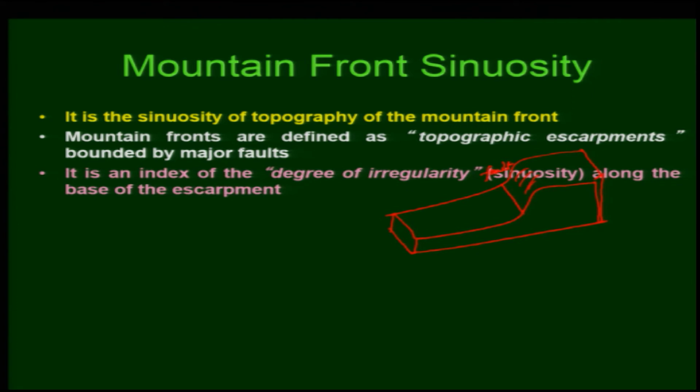It is an index of the degree of irregularity, that is your sinuosity. As we were talking about the sinuosity of the channel, similarly here we talk about the degree of irregularity of the escarpment, how irregular the front is.